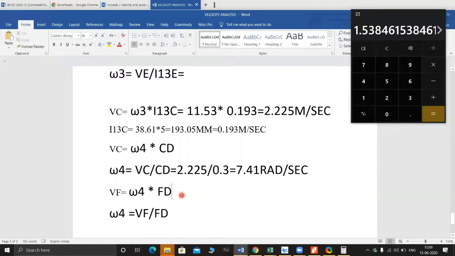Omega 4 into FD. FD length is also given. It is around 100, that is 0.1 meter.